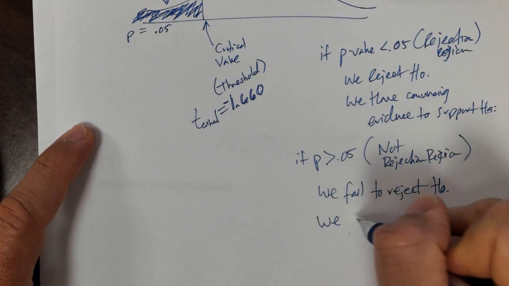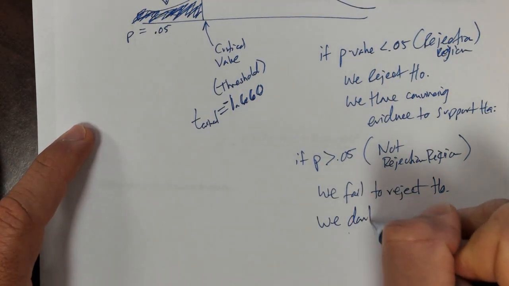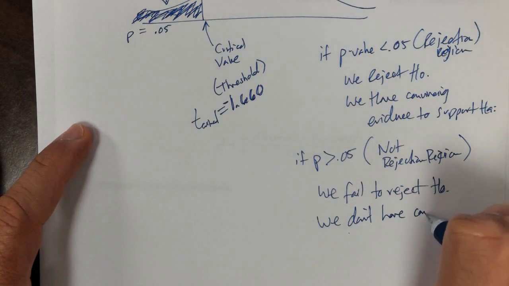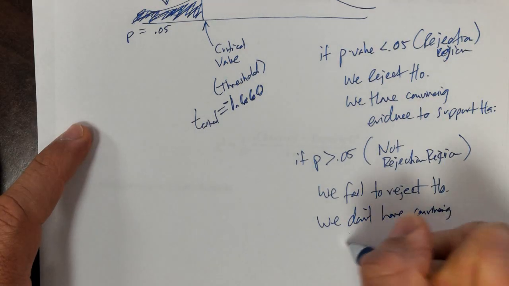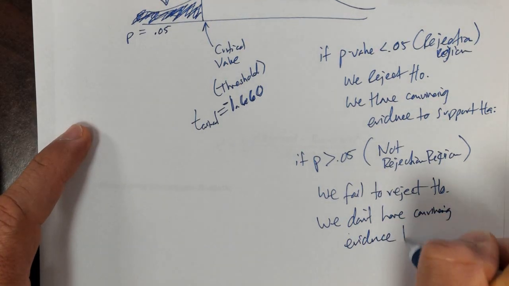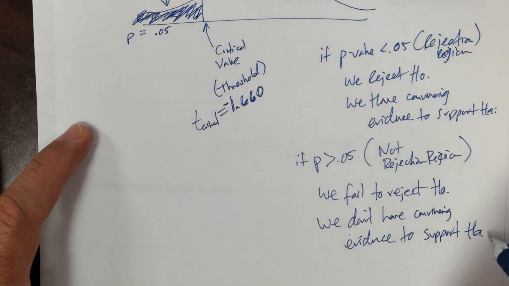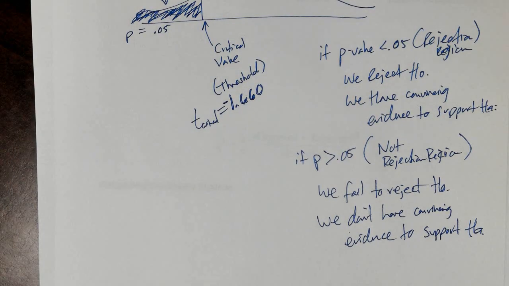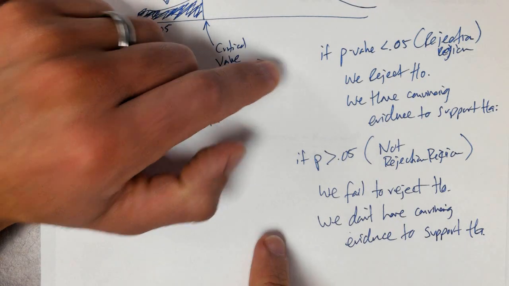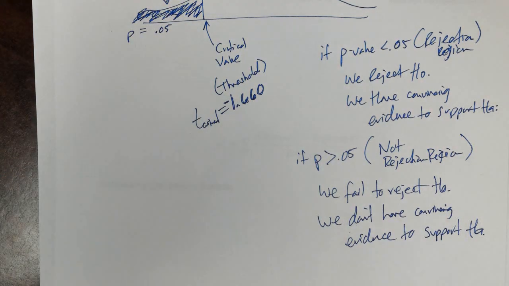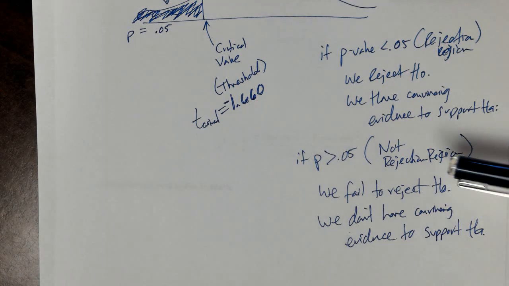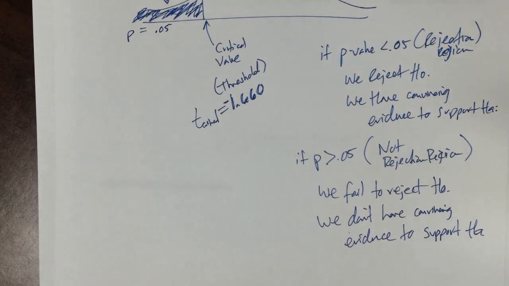We don't have convincing evidence to support whatever HA is in the statement. But never in our conclusion will we say the null is true or the null is false. Never. Right? We can only support the alternative or fail to support the alternative.